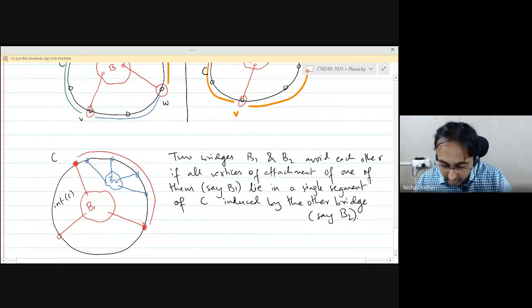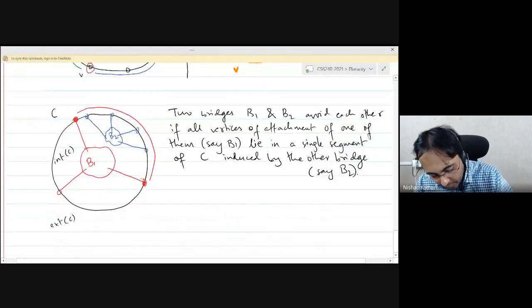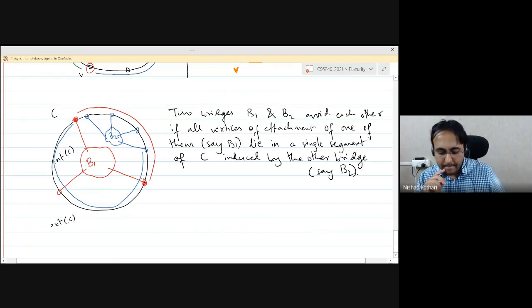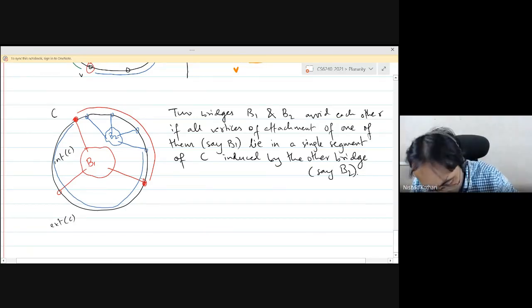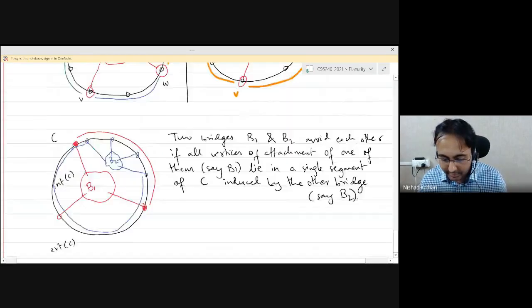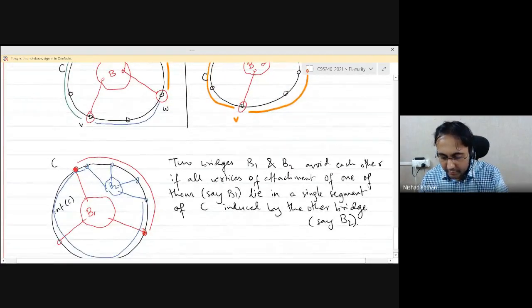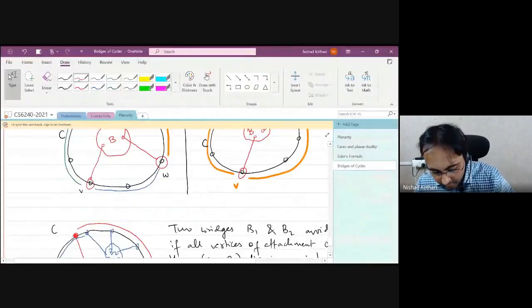You can also think of it the other way around: all vertices of attachment of B1 belong to a single segment induced by the bridge B2. So you can interchange them. So long as they both have two vertices of attachment, the definition is actually symmetric. Okay, so is it clear what it means for two bridges to avoid each other?